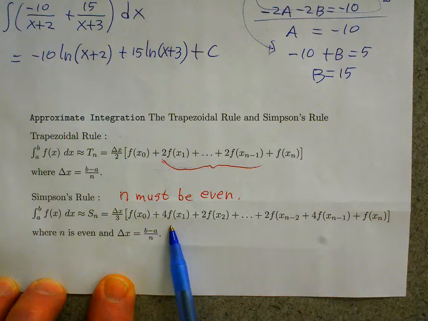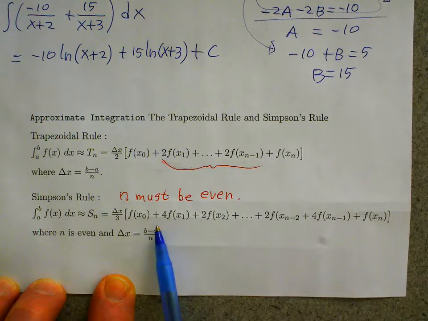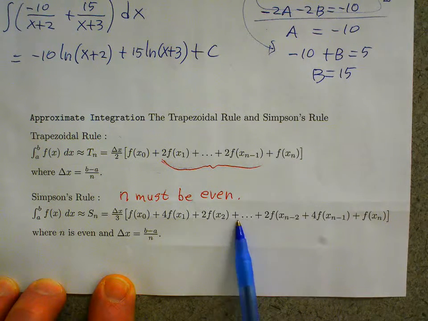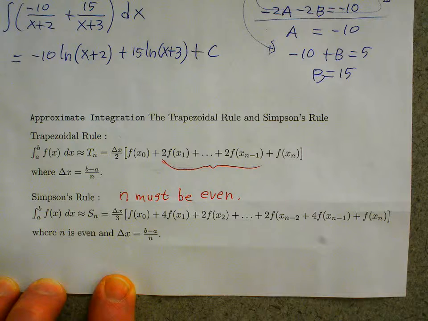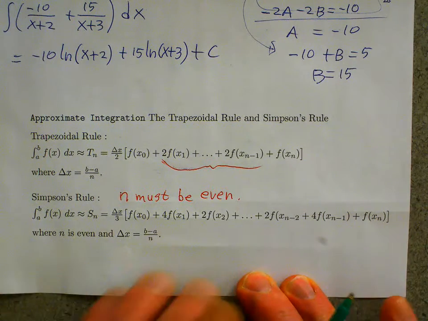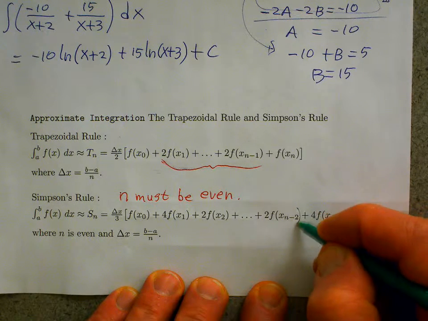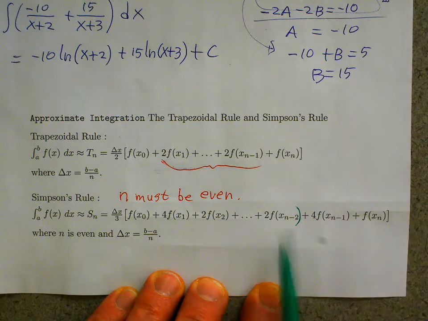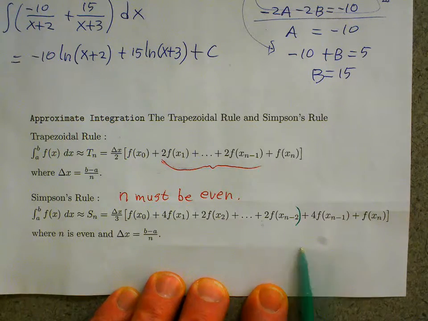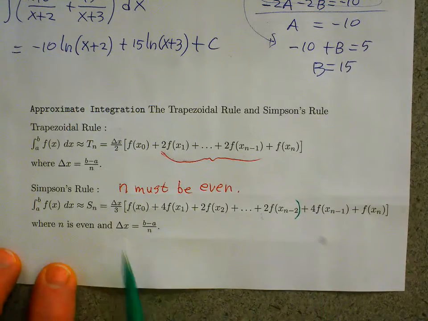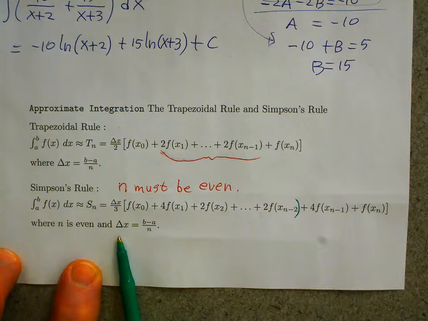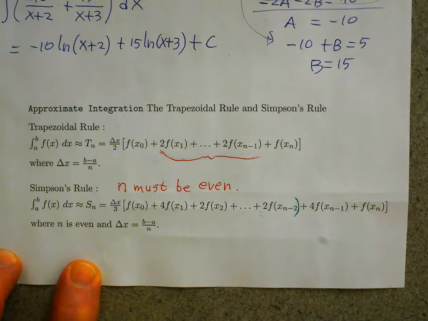The other coefficients alternate from 4 to 2 to 4 to 2, and so on. So there's a missing right parenthesis. So this term is 2 times f of x sub n minus 2. And the delta x is found the same way, b minus a divided by n.